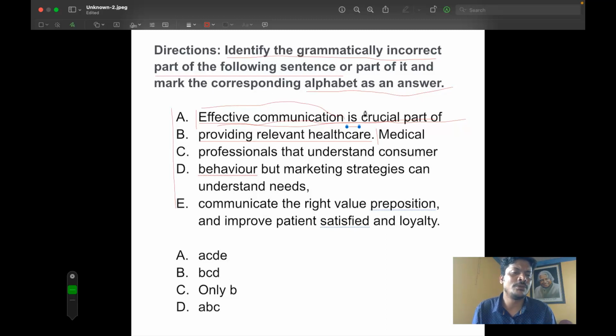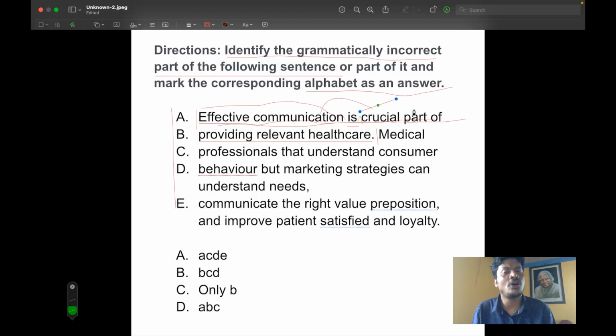Now, if you observe, here it is stated crucial part. Now, what is crucial part? The crucial part is referring to effective communication, which is taken as the complement to the subject. So effective communication is what? A crucial part.